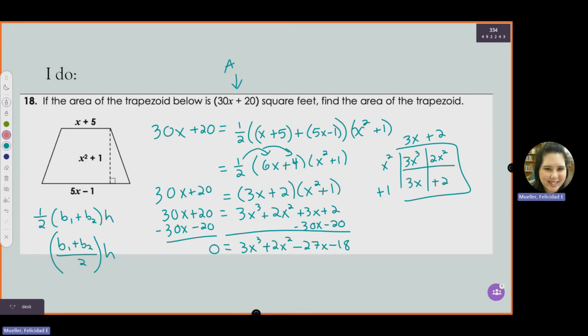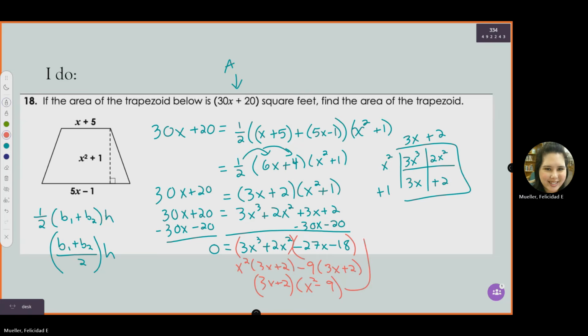I'm going to go ahead and do factor by grouping, first two, last two. x squared times 3x plus 2 minus 9 times 3x plus 2. So x squared minus 9. Pull out our 3x plus 2, since that's my parent. And then we have x squared minus 9.